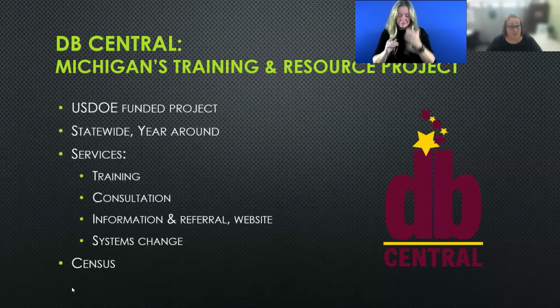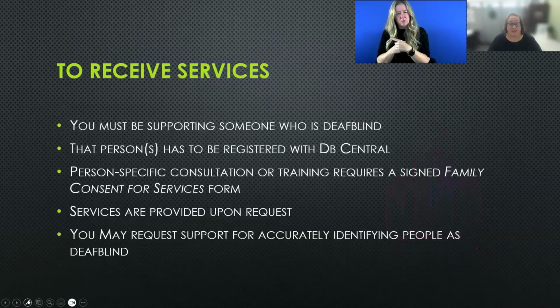And the reason we do that is because deafblindness, as I mentioned, is a huge umbrella. And so lots of kids qualify as deafblind, regardless of what their IEP eligibility might be.